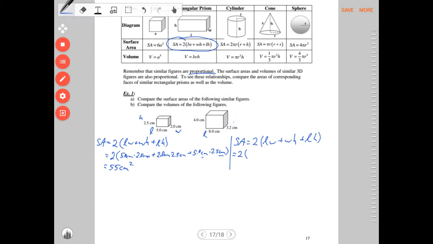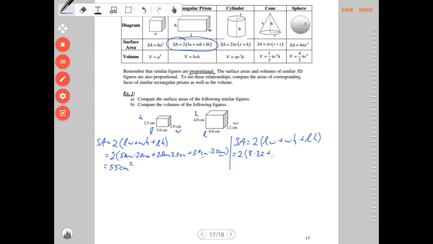So this is the L, this is my W, this is my height. My length is 8 times the width, which is 3.2, plus, again, you should be putting the 8.0 centimeters, but I'm just trying to save some room because I don't have as much on my tablet. So thank you for your understanding.